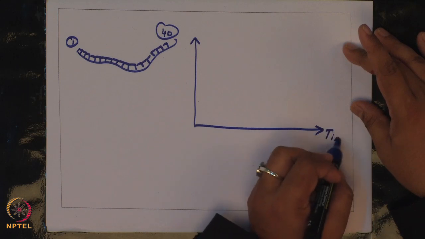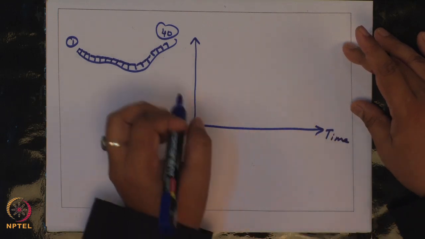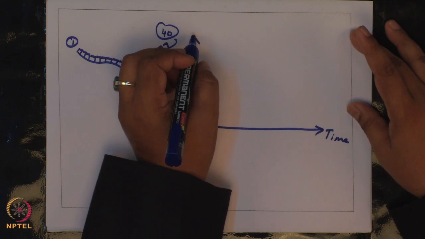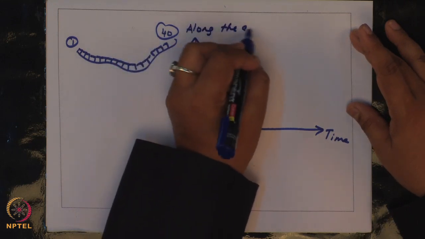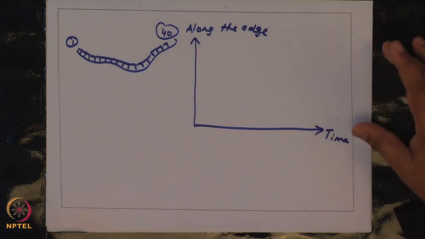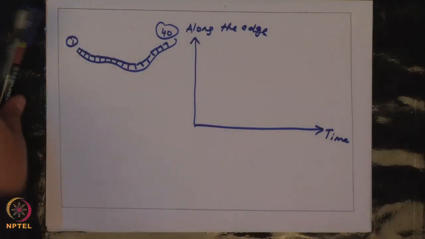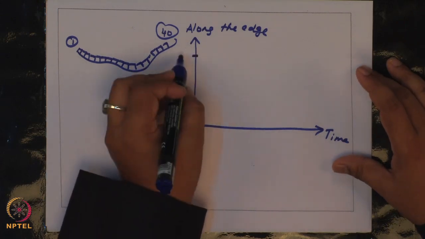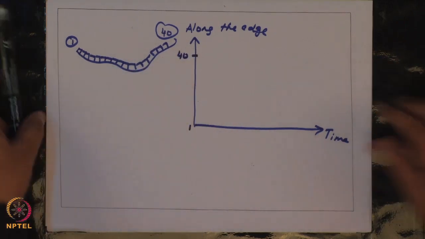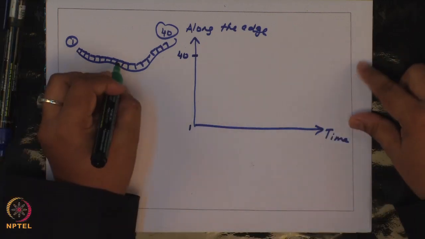Your x axis is time, and y axis is whatever you are plotting, but along the edge. So, let us say this position is 1 and this position is 40. Let us assume at position 10 you have a polymerization event.